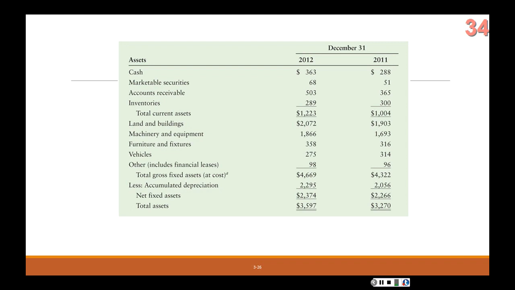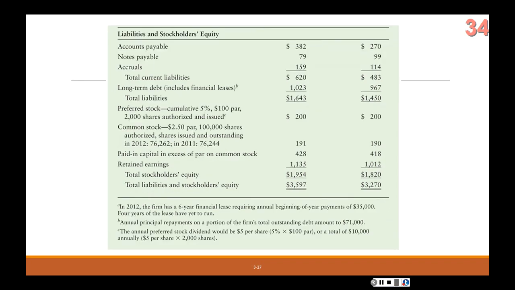Fixed assets is the original cost of all fixed assets owned by the firm, so property, plant, and equipment. And depreciation is the total expense recorded for the depreciation of these fixed assets. On the liability and equity side, we start with accounts payable.